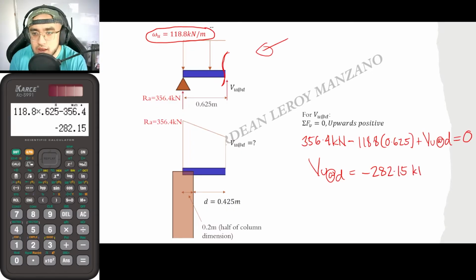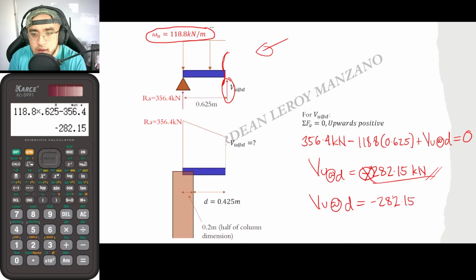But take note that this negative value only indicates that I have assumed the wrong direction here. So just get rid of the sign. We are only particular with the magnitude. So again, Vu at d is 282.15 kilonewtons, omitting the negative symbol. This is the value that we will be referring to.